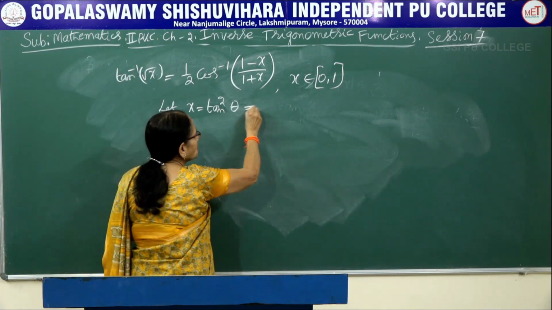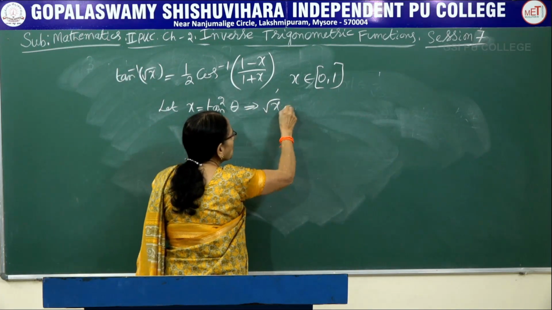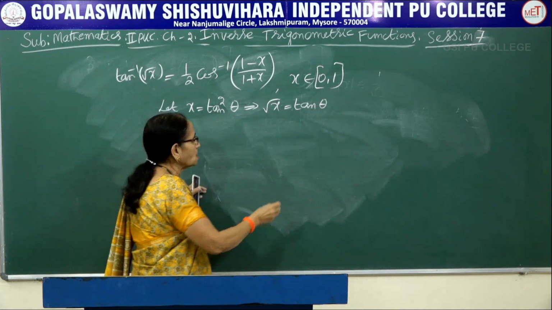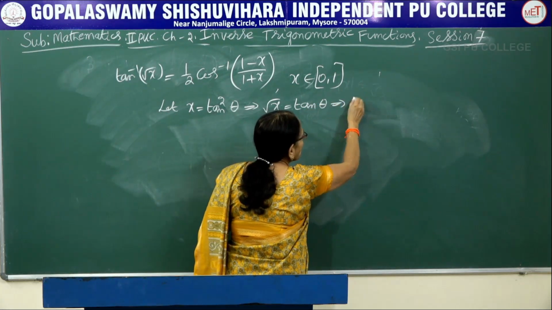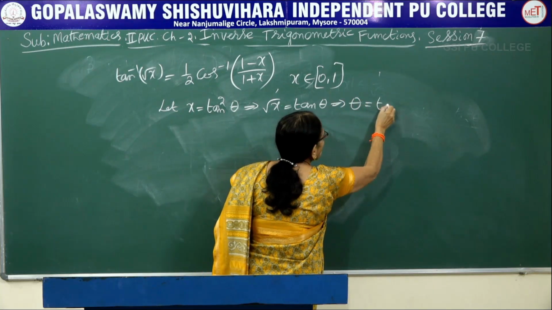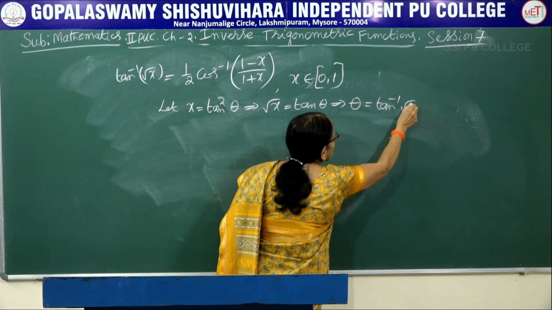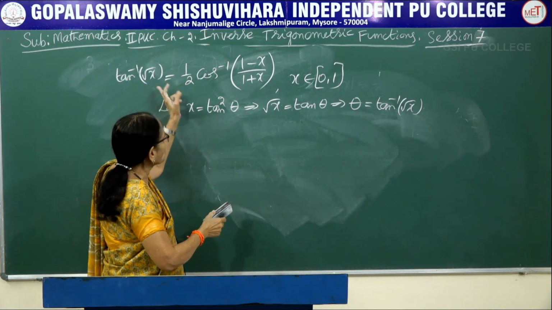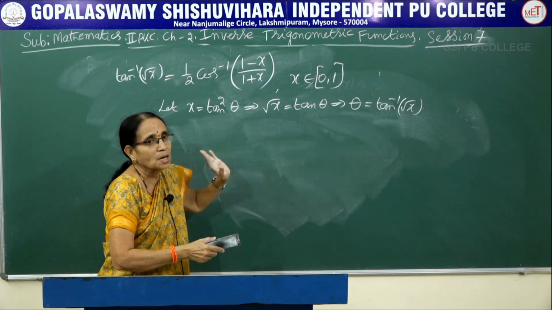That implies root x equals tan theta. Therefore theta is equal to tan inverse of root x. That means the left hand side, tan inverse of root x, will now be equal to theta.